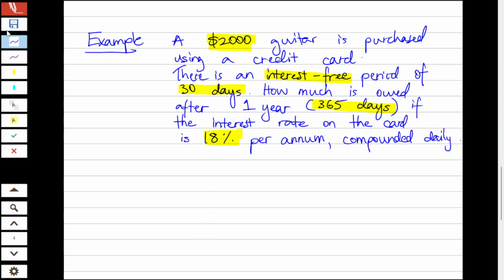Assume that it's always daily compounding, but I'll just write this here just so that it's very, very clear what's happening here.